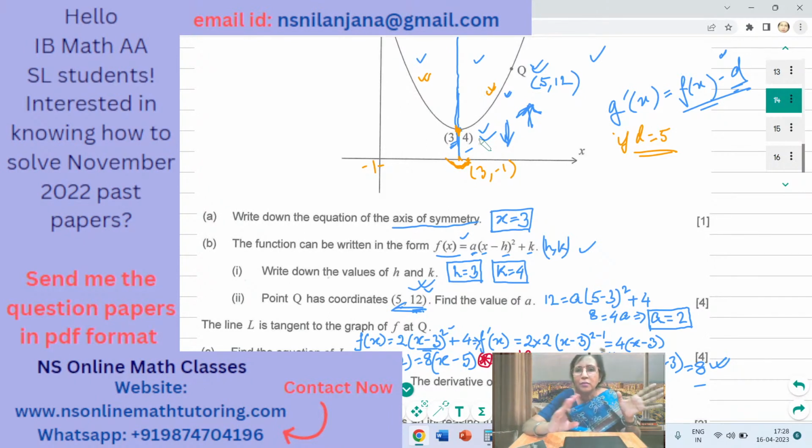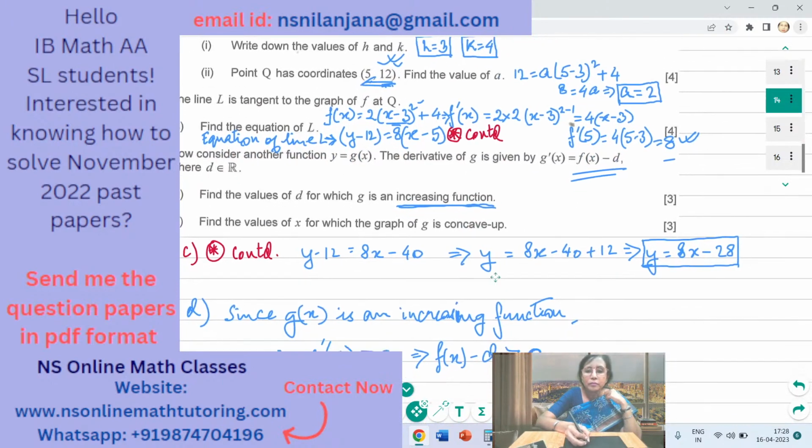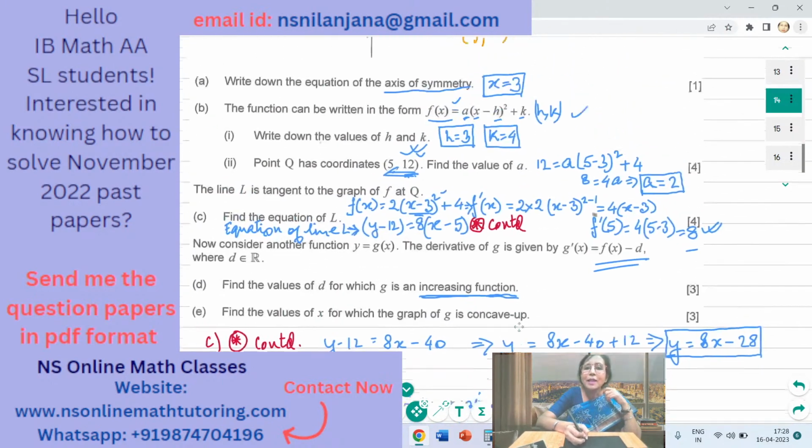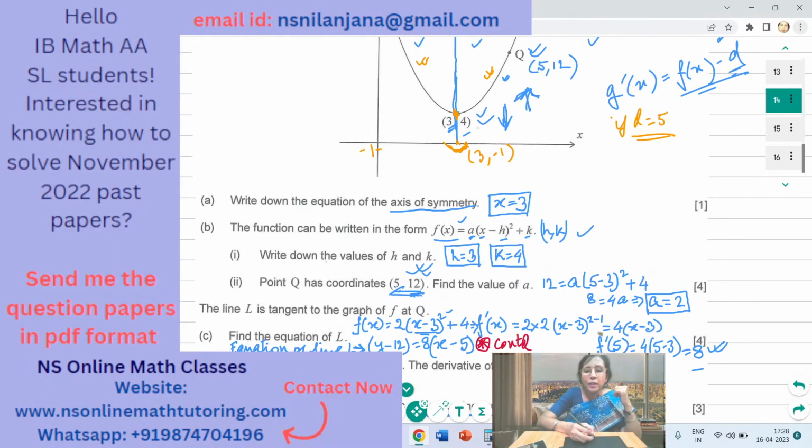Don't have to go for increasing, decreasing. Nothing is required for this. Is this clear? That d can have values only less than 4. If d is equal to 3, the vertex point will be 3, 1, because 4 minus 3 is 1. That is allowed. The parabola is still above the x-axis. So d's value should be less than 4. Less than 4 includes the negative numbers as well. Okay?